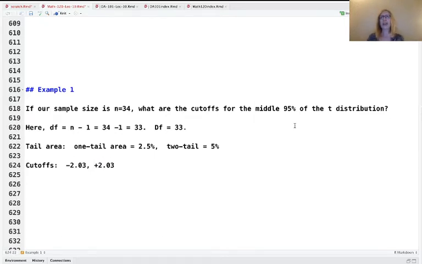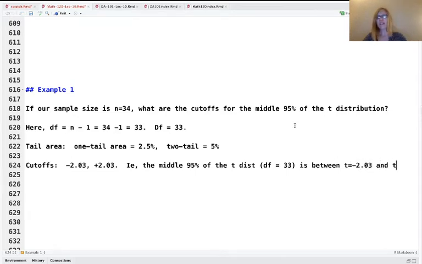One's on the left and one's on the right, i.e. the middle 95% of the t-dist, where degrees of freedom equals 33, is between t equals negative 2.03 and t equals positive 2.03. And that's it. That's all there is to it for reading the t-table.